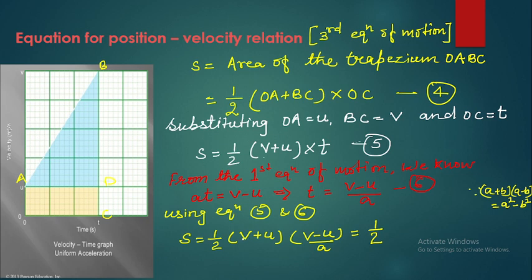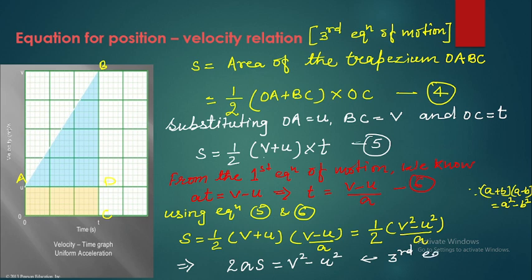But here we have V and U. So V square minus U square upon A. So AS is equal to V square minus U square. This is the third equation of motion.